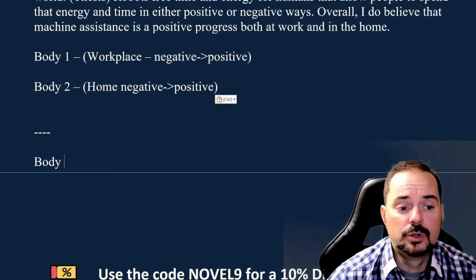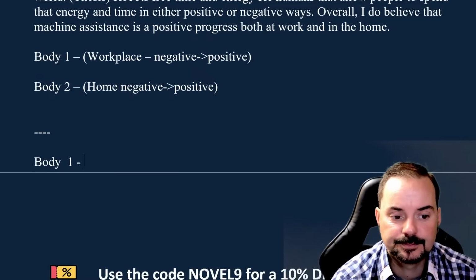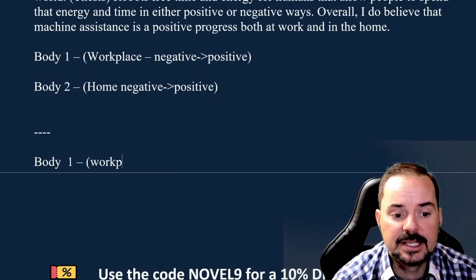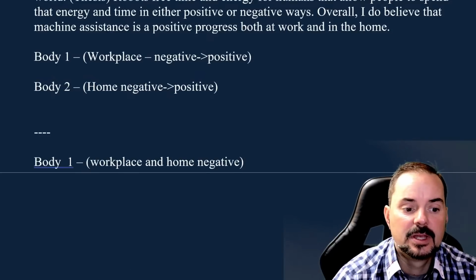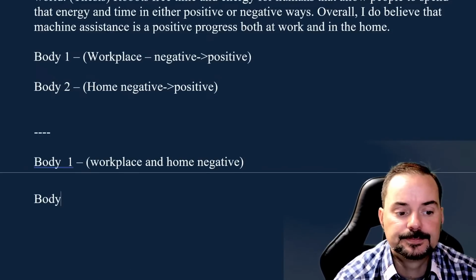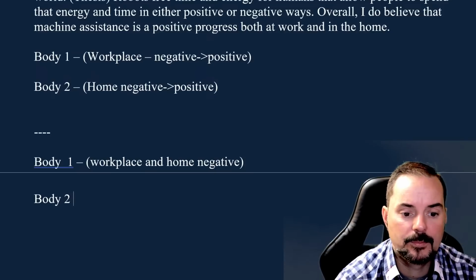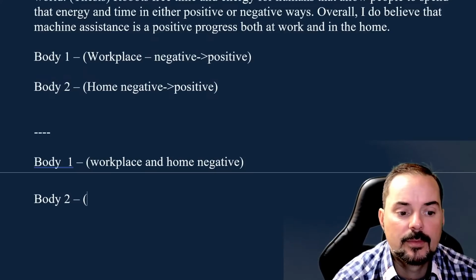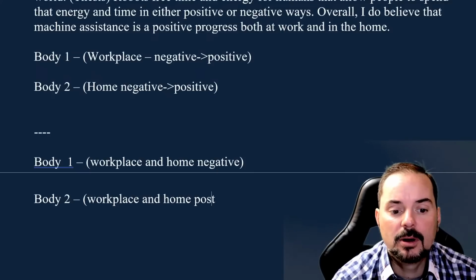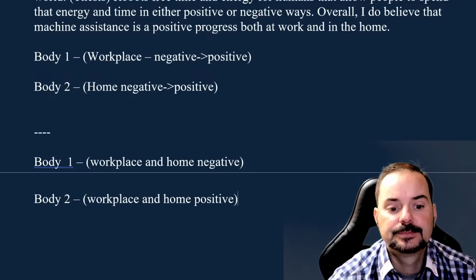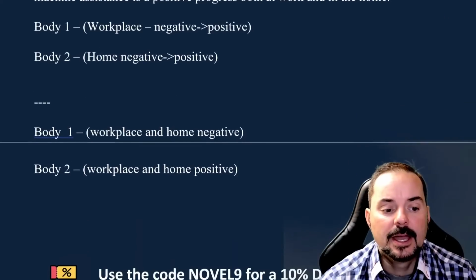Or we could do body 1, workplace and home negative, and body 2, workplace and home positive. Okay, and then the conclusion.